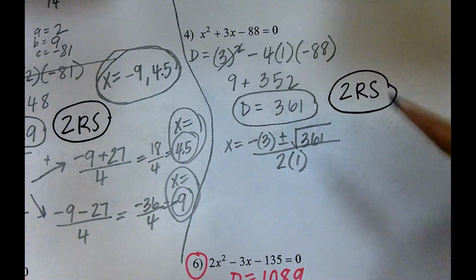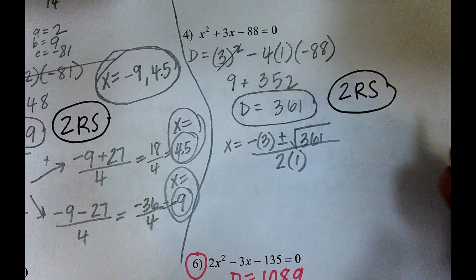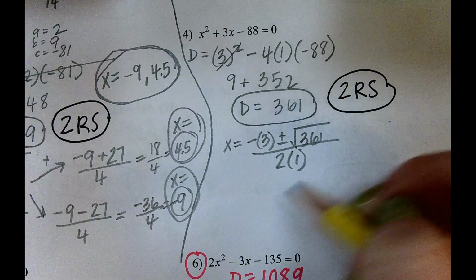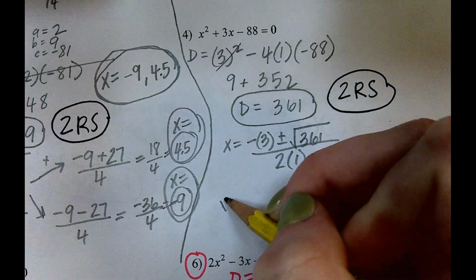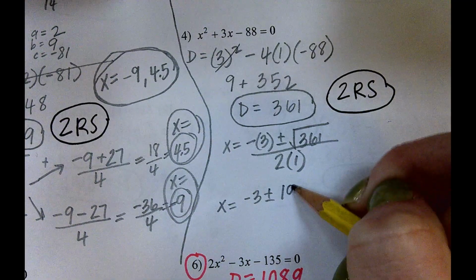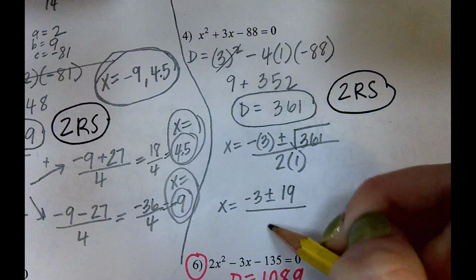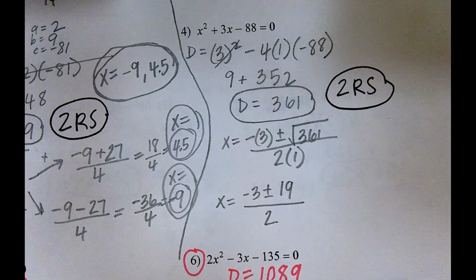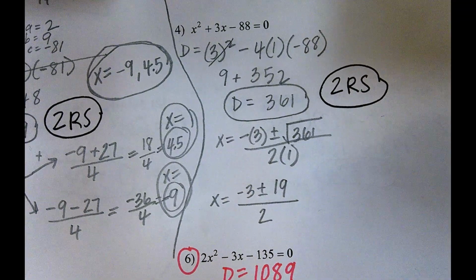After that, I did the square root of 361 and I got 19. So you'll rewrite it as negative 3 plus or minus 19 over 2. And then you would break it down into 2 problems.